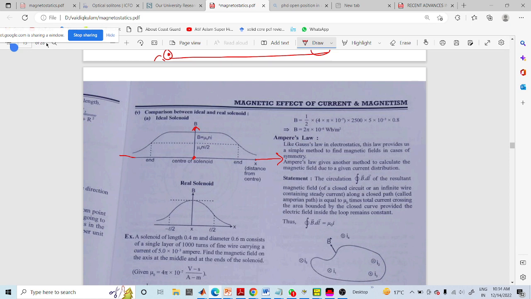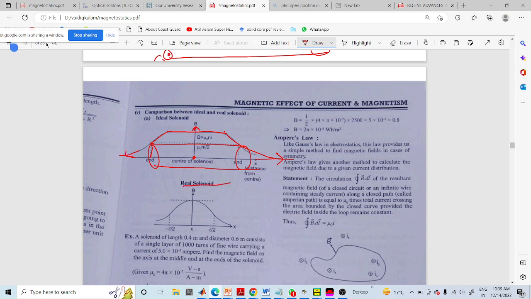What is the actual meaning of that? We have a solenoid like this, and this is our center. From the center you can see that as you go towards the end, the magnetic field goes up, then it is constant, and then going towards the end of the solenoid, it falls down.